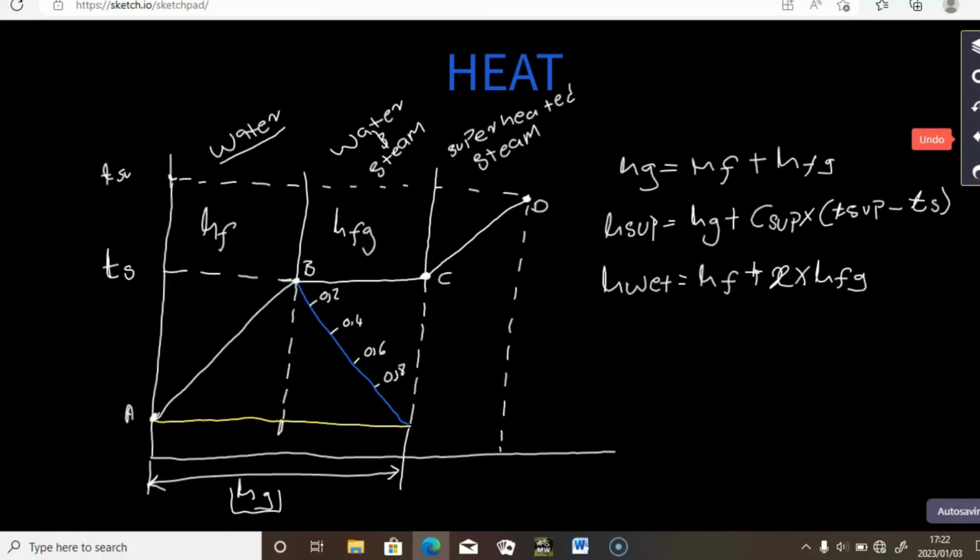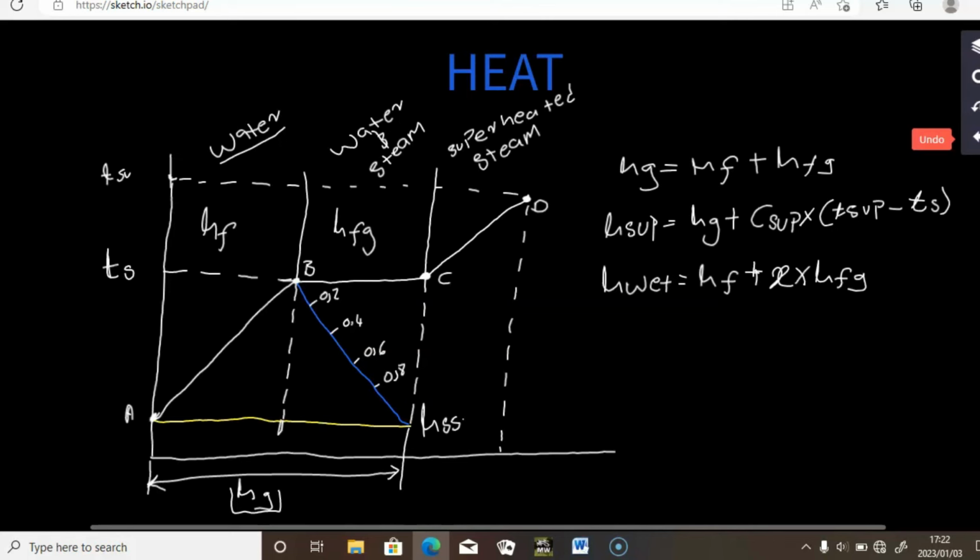So if we were to be asked for the heat energy that is needed to get the steam from point C to point D, which is the additional heat energy that is needed to overheat the steam, to take it from dry steam to superheated, from point C to point D, let's name it HSS. That will be this part. Remember, at C, this is the enthalpy.